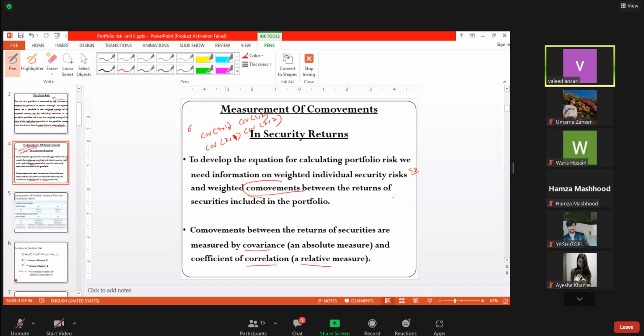Now you see that these terms are nothing but the variance, because the co-movement of security 1 with 1 is nothing but the variance.